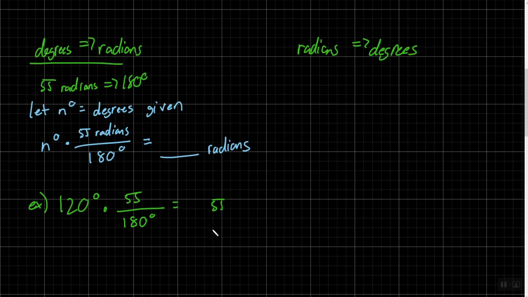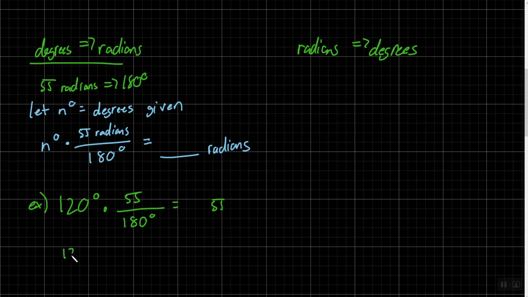I want 120 divided by 180. Yep. I want you to have it in terms of pi. So don't ever multiply by pi. Okay?